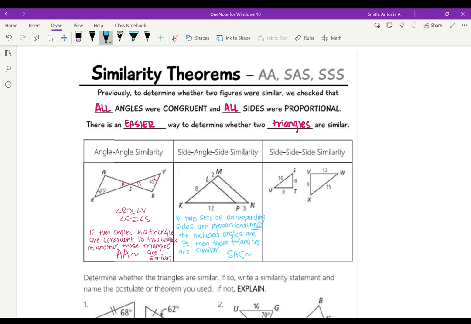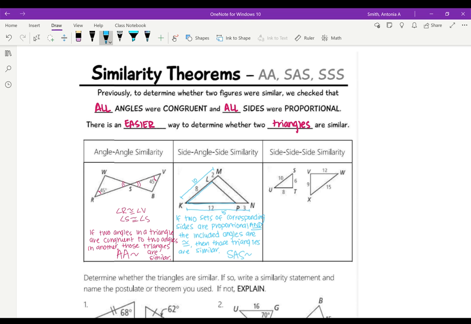So this picture is a little bit confusing. We have an overlapping here, and they tell us that the distance of this side right here of our smaller triangle is 8. And then the distance from K to point M is 8 plus 2, which is 10. And then on this side we have 12. And then from K to N, we have 12 plus 3, which is 15.